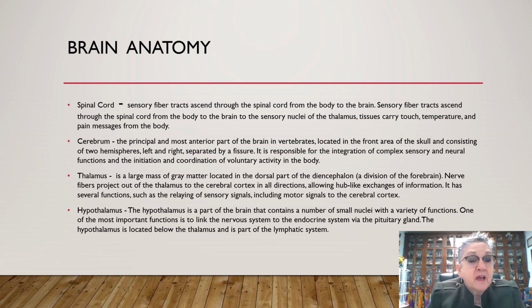The next one is the thalamus. It's a large mass of gray matter located in the dorsal part of the forebrain, or the diencephalon division of the forebrain. The fibers reach out from the thalamus to the cerebral cortex in all directions, and it's like a hub-like exchange of information. It has several functions, including relay of sensory signals, including motor signals, to the cerebral cortex.